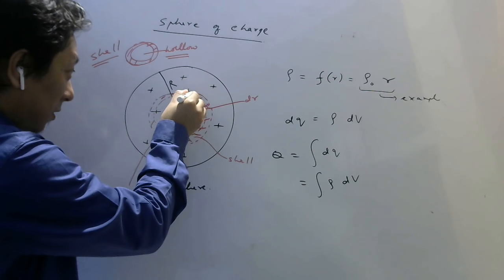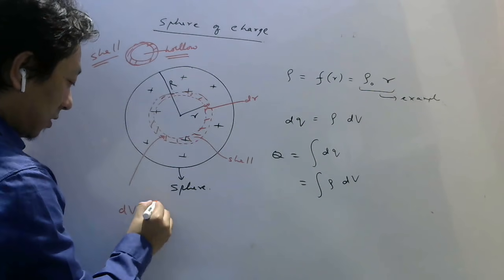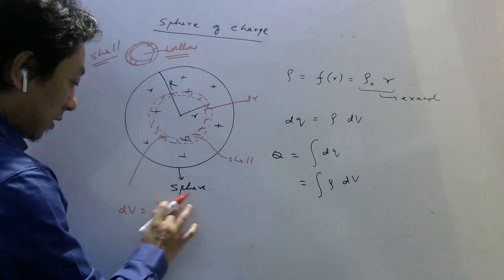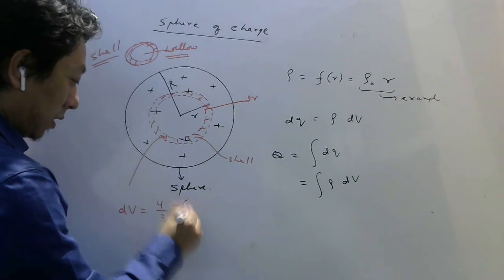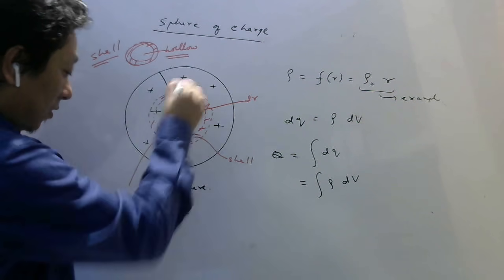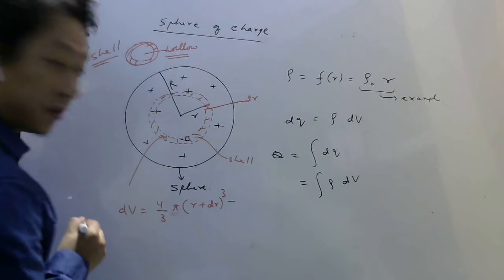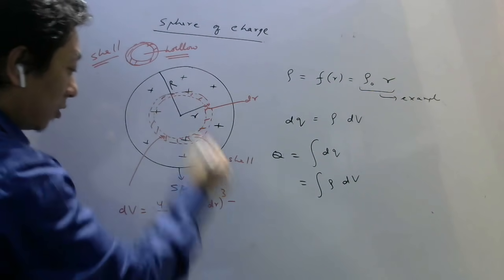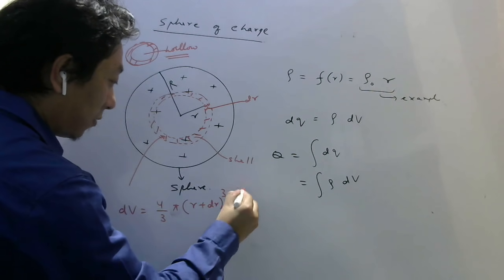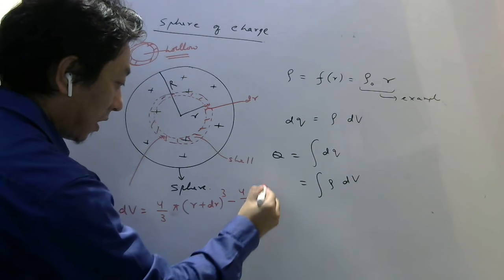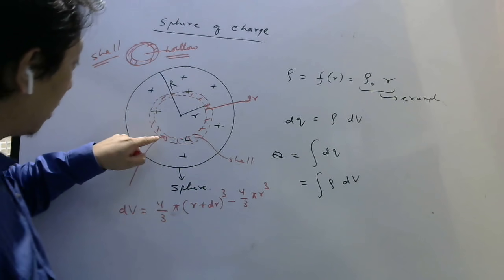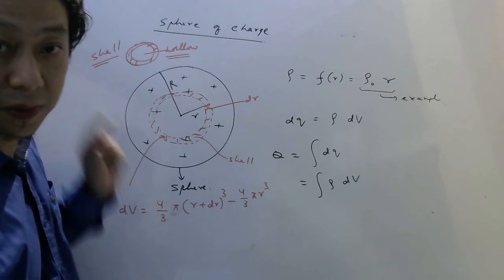So what is the volume of this bigger sphere? 4 by 3 pi, radius of this bigger sphere is r plus dr, cubed, minus volume of this inner sphere, that will be 4 by 3 pi r cube. So that will be the volume of this shell.